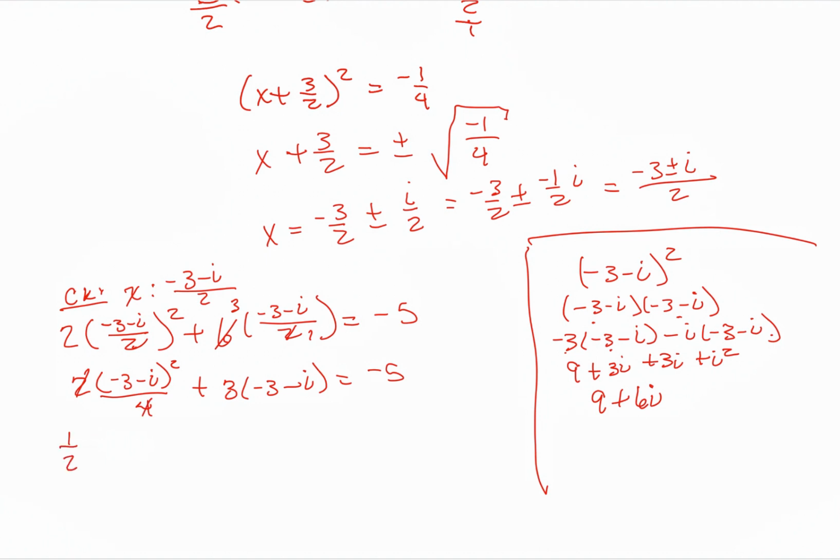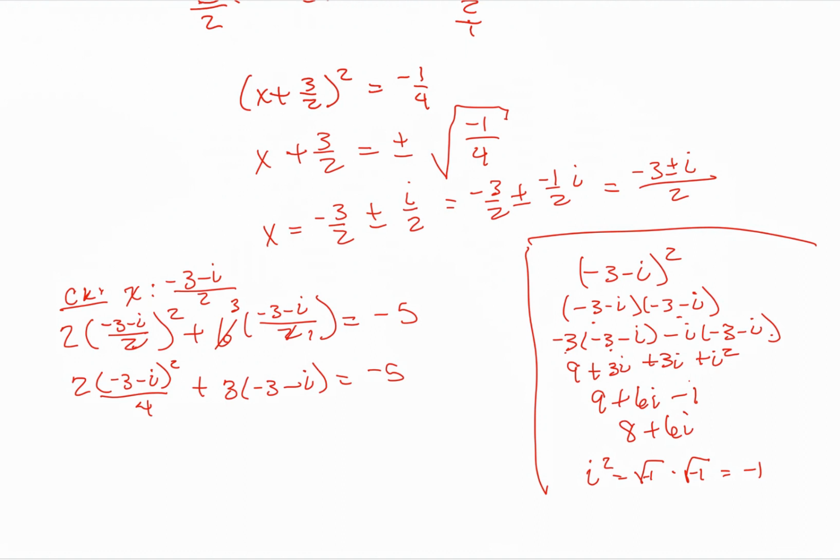So it is 1/2 times 9 plus 6i, and i squared is minus 1. Because remember, i squared equals the square root of negative 1 times the square root of negative 1, which equals negative 1, so this is actually 8 plus 6i.